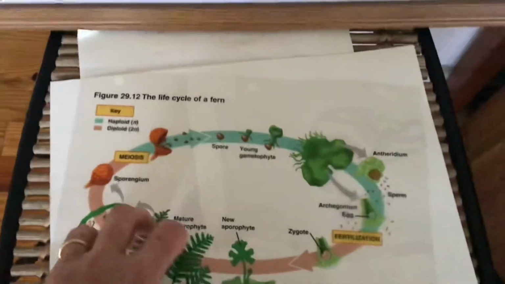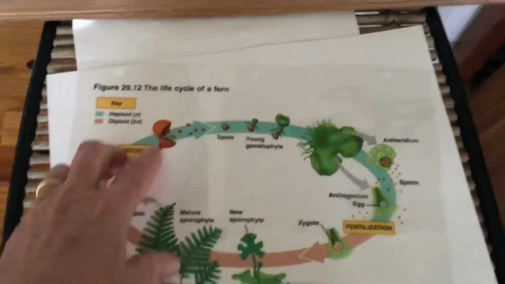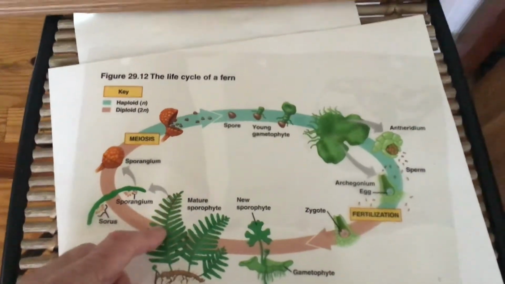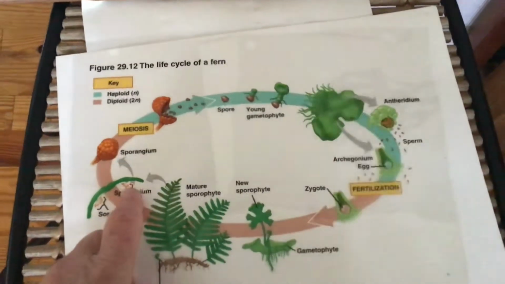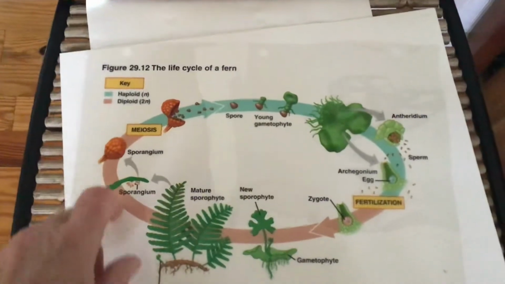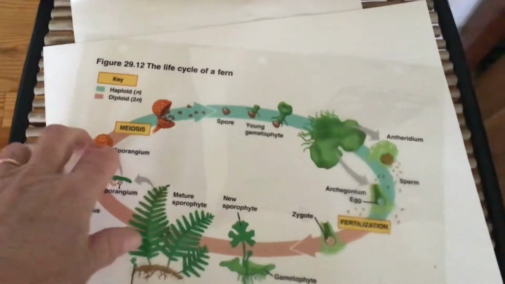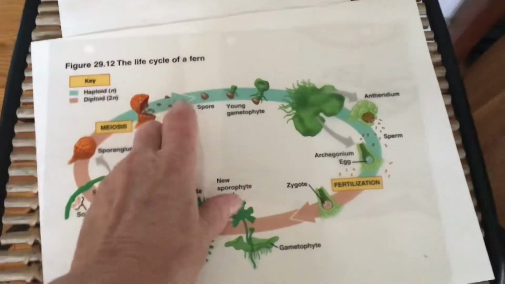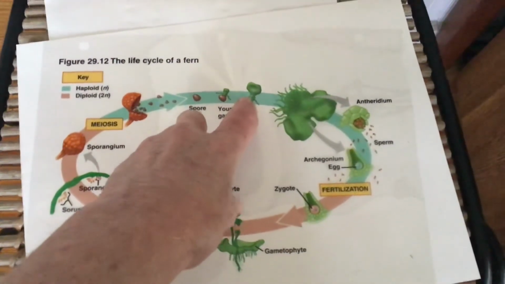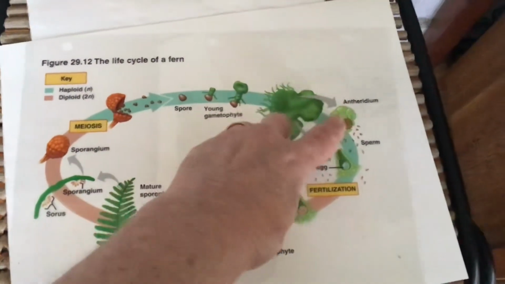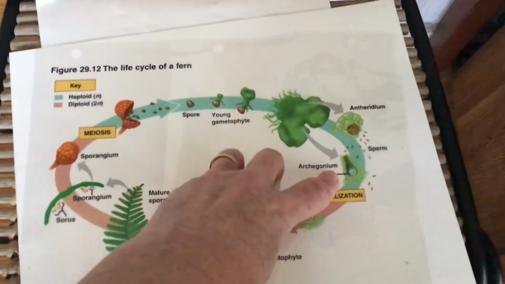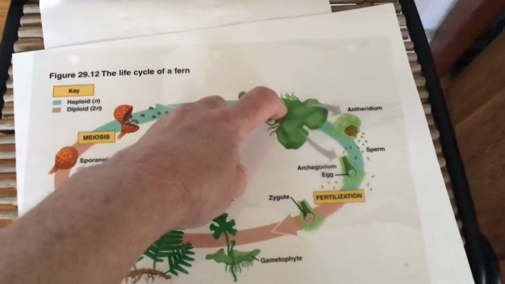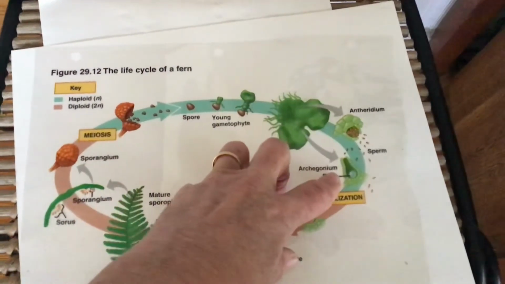So again, in the life cycle, meiosis produces spores in these little structures on the back of the leaves called sori. Here they are represented. The sori have the sporangia that do meiosis, producing the spores, which grow into a young gametophyte. The gametophyte will have archegonium and antheridium. The archegonium are a little higher and produce the egg, and the antheridium are a little lower.